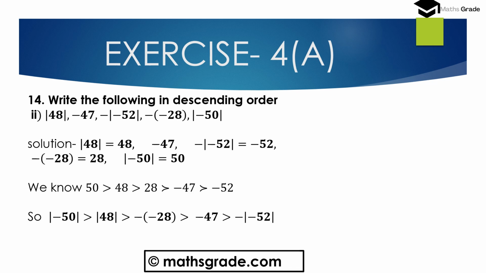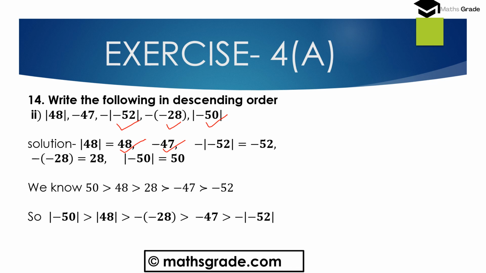Now we solve question number second bit. Absolute value of 48, minus 47, minus of absolute value of minus 52, minus of minus 28, absolute value of minus 50. We know absolute value of 48 is 48, absolute value of a positive integer is a positive integer, then minus 47, then minus of absolute value of minus 52.